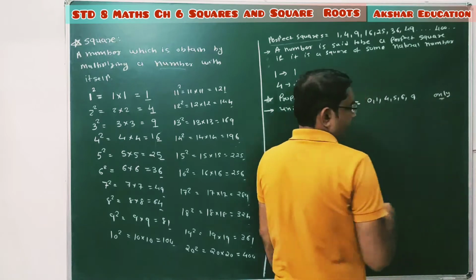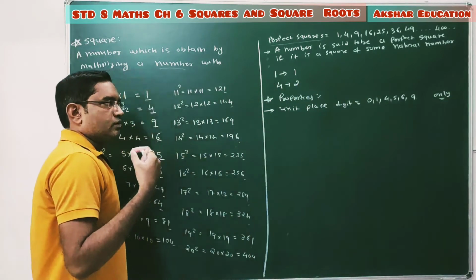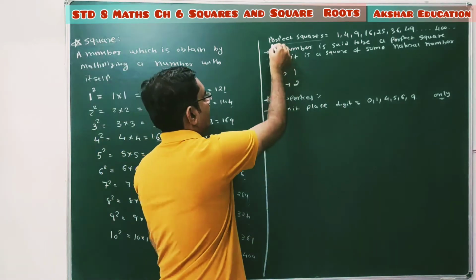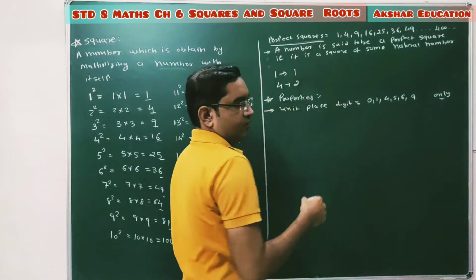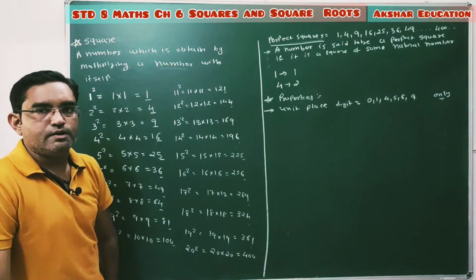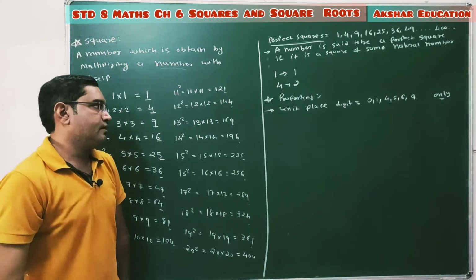That means we are never getting 2, 3, 7 and 8 at the unit place of the perfect square numbers. Clear students? That is the first property.